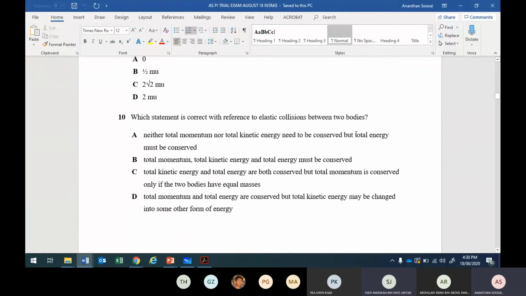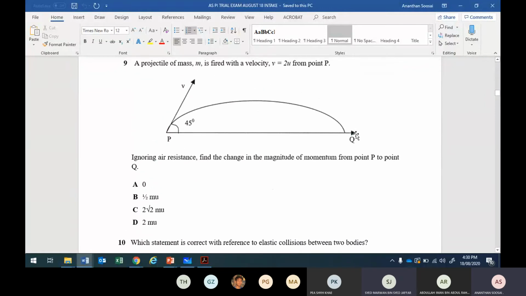It's easy. Okay, question 9. One minute for everyone. What is the answer for 9? Give a try.